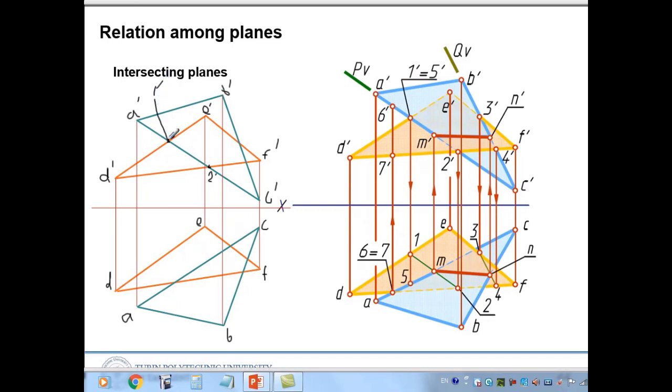And we have to find that point in another projection. Okay, so in the orange, where is it?